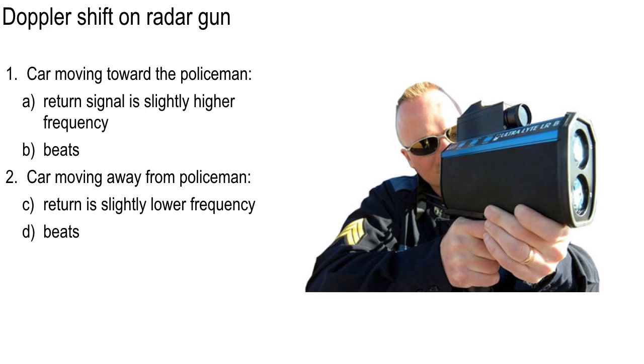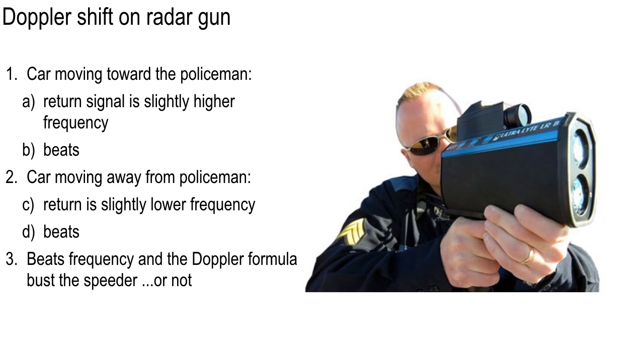And from that difference in the frequency, the onboard computer on his radar gun goes through the Doppler formula that you just saw, that big square root sign, and he gets the speed, and it displays the speed of the car. Whether it's coming towards you or going away from you, it doesn't matter. All right, so that's how the policeman takes advantage of beats in order to measure the speed of anybody.